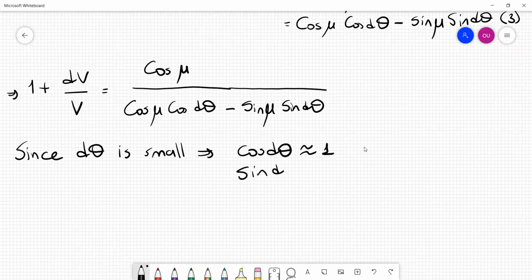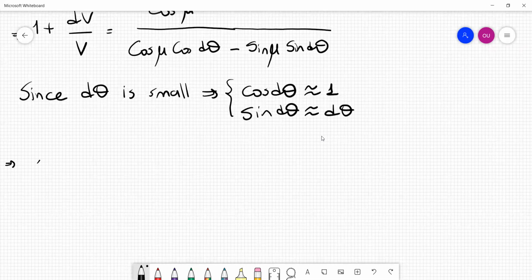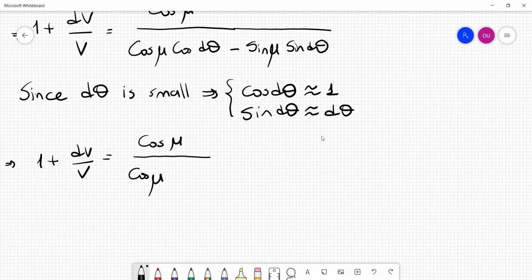Similarly, sine d theta will be approximately equal to d theta itself, because in radians, again, of the small angle condition. So that simplifies our relation even further, which reads as 1 plus dv over v now is equal to cosine mu divided by cosine mu minus d theta sine mu.